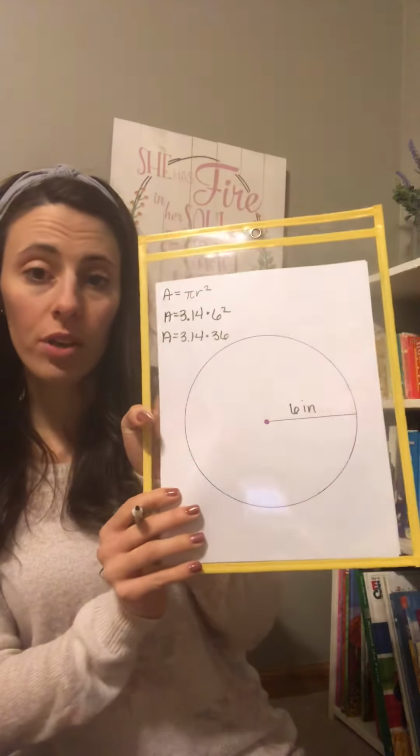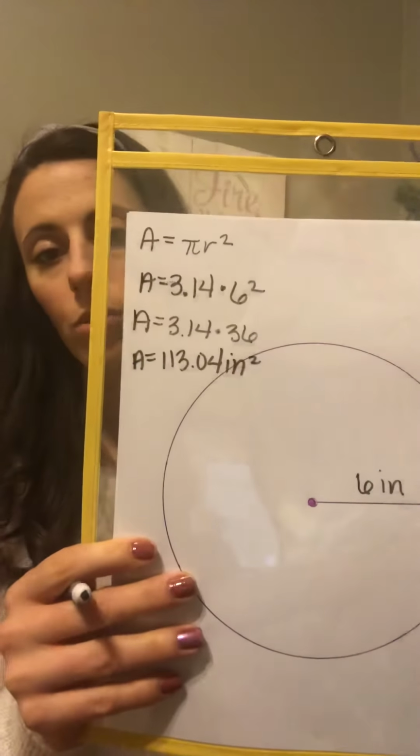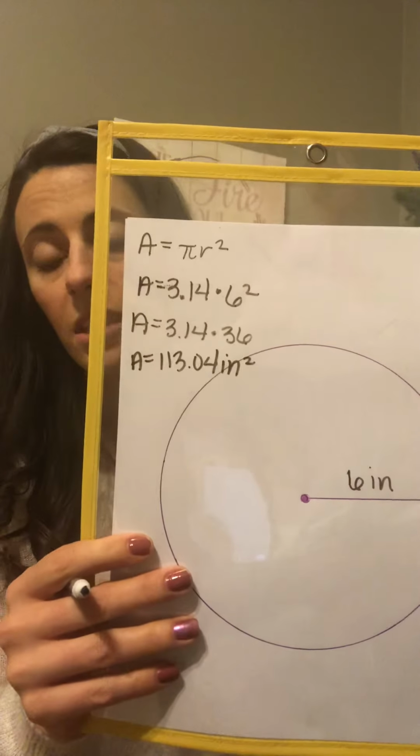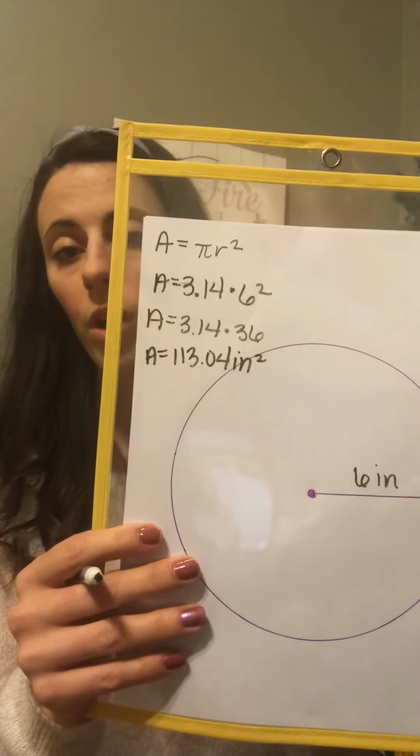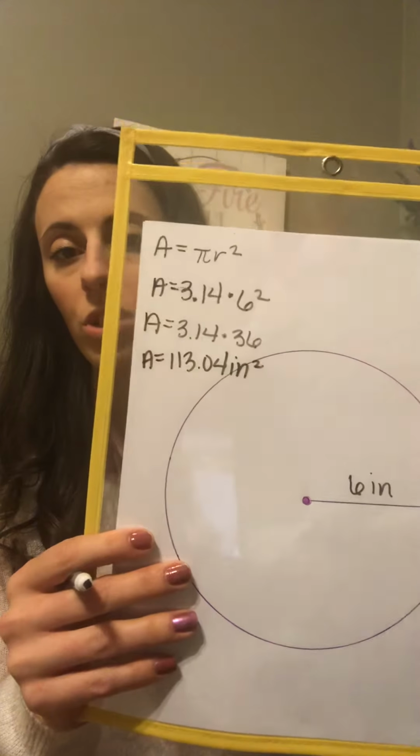And then in your calculators, once you solve that, you will end up getting that your area is equal to 113.04 inches squared.